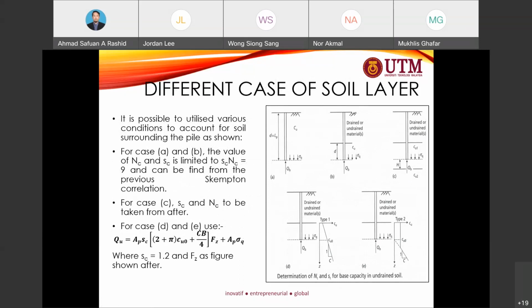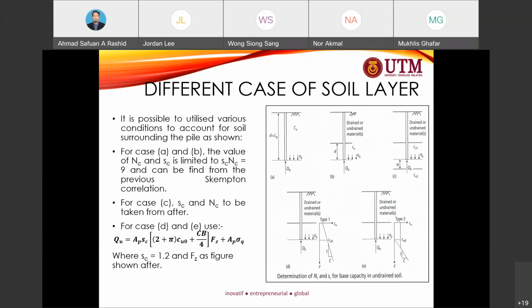So, different cases of soil layer. It is possible to utilize various conditions to account for the soil surrounding the pile. For case A and B, the value of NC is limited, with SC and NC equal to 9, which can be found from the pre-CPT correlation. For case C, SC and NC are to be taken from the chart. For case D and E, use the other one.